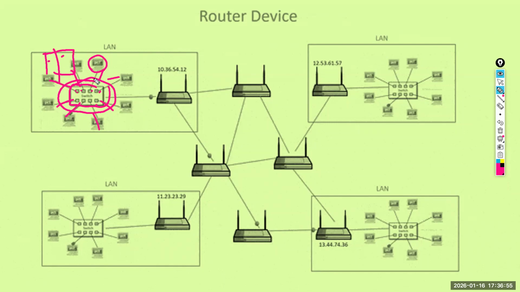So it's a simple task. A data frame comes and it is switched to the correct machine based on the MAC address. That is why we say it operates in the link layer, because MAC address is a link layer concept. The smallest unit is the data frame. A data frame has a source MAC address, destination MAC address, payload, and trailer or the parity bits.